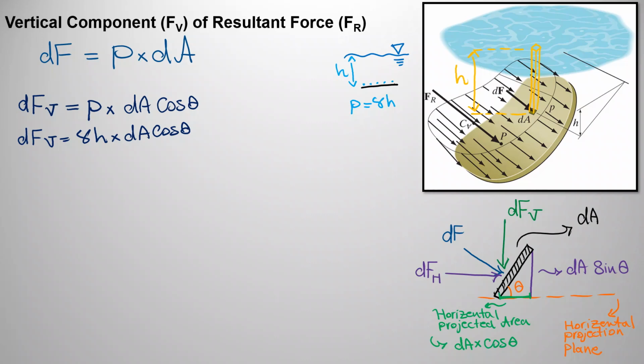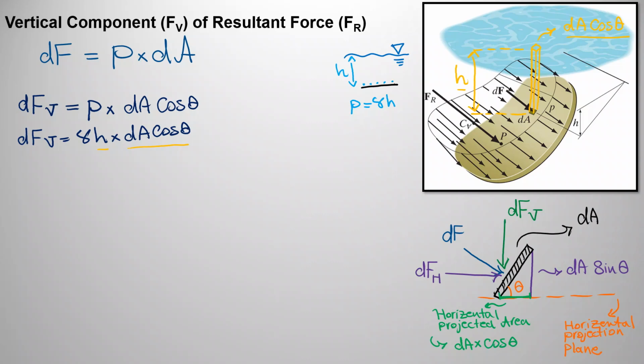Okay, so also we know that this horizontal projected area is dA cosine of theta, right? So now, if you have dA cosine of theta and you have h in this equation over here, the multiplication of h times dA cosine of theta gives you the volume of the column of water right above your patch, right?